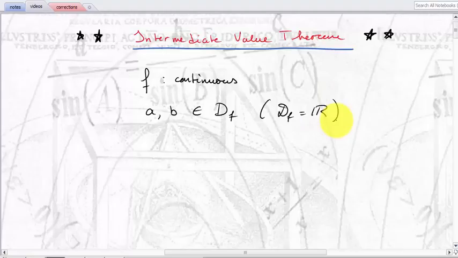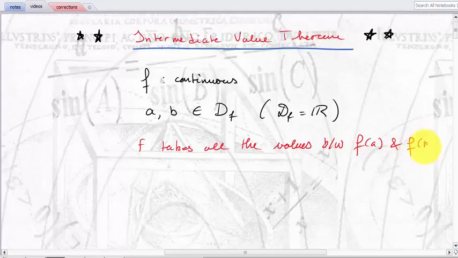We've already stated that. Then, here's the theorem. f takes all the values between f of a and f of b. Okay, and this is solely based on the continuity of the function.